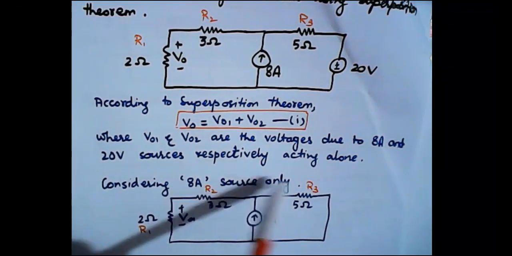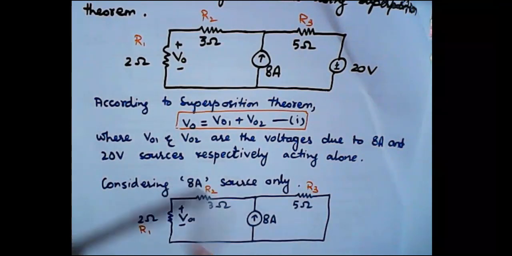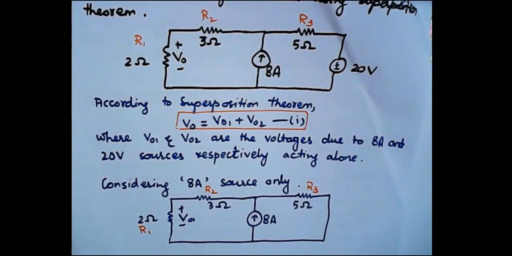R4 and R3 will be in parallel, which means that we can apply CDR, right?